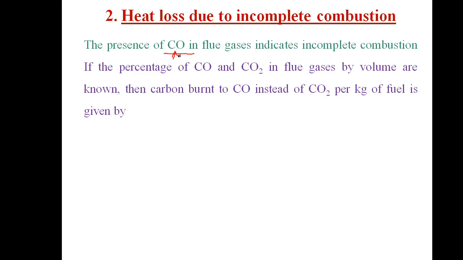That is the indication: presence of carbon monoxide in the flue gases coming out of the chimney. Say, for example, this is the chimney. The flue gases are coming out of the chimney, and these gases are captured and analyzed, and if the analysis proves that carbon monoxide is present in the gases, then the combustion is incomplete.